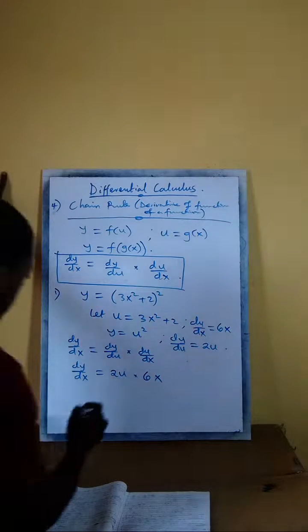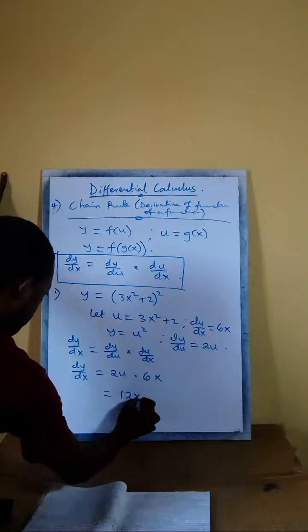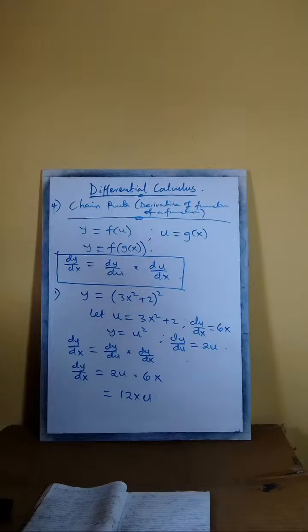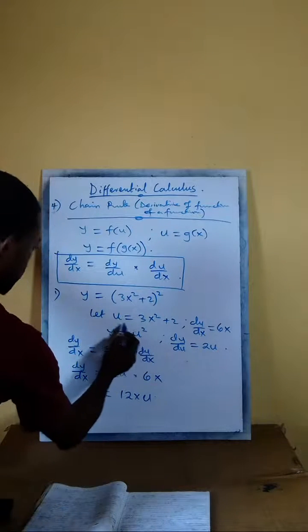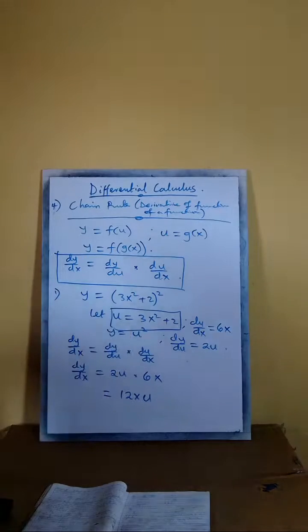This gives us 12x u. Then we can recall that u is the same thing as 3x squared plus 2.